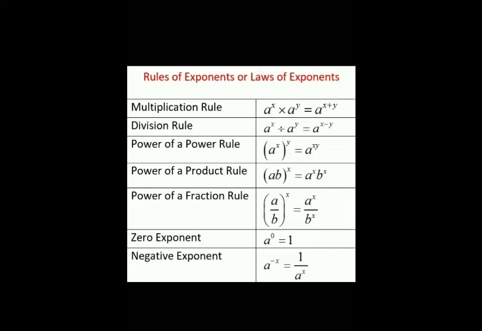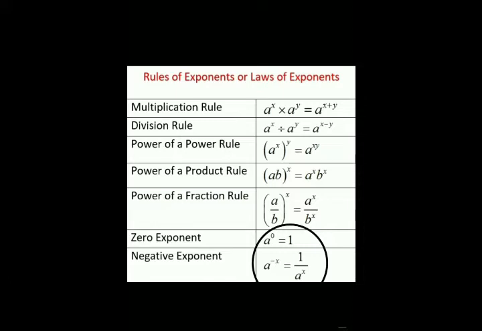And the last rule is the negative exponent. In this rule, we have a raised to the power minus x. First of all we have to convert this power into a positive. We can write a raised to the power minus x as 1 divided by a raised to x.